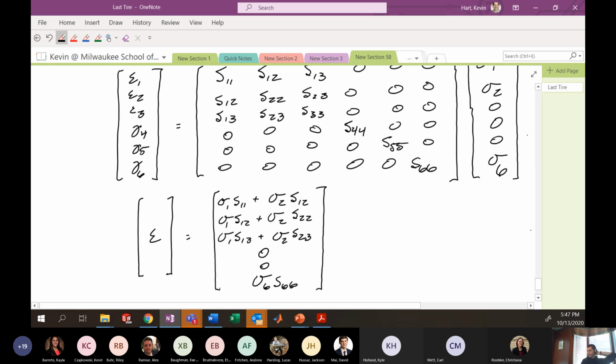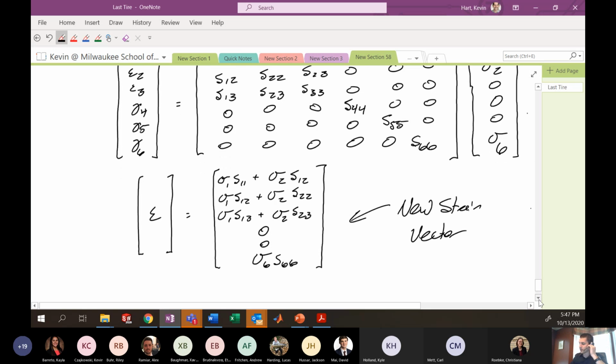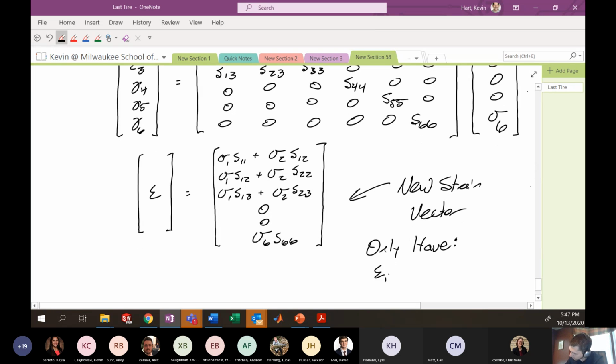So we've simplified our life a little bit, and this is our new strain vector. We only have epsilon 1, epsilon 2, epsilon 3, and gamma 6.